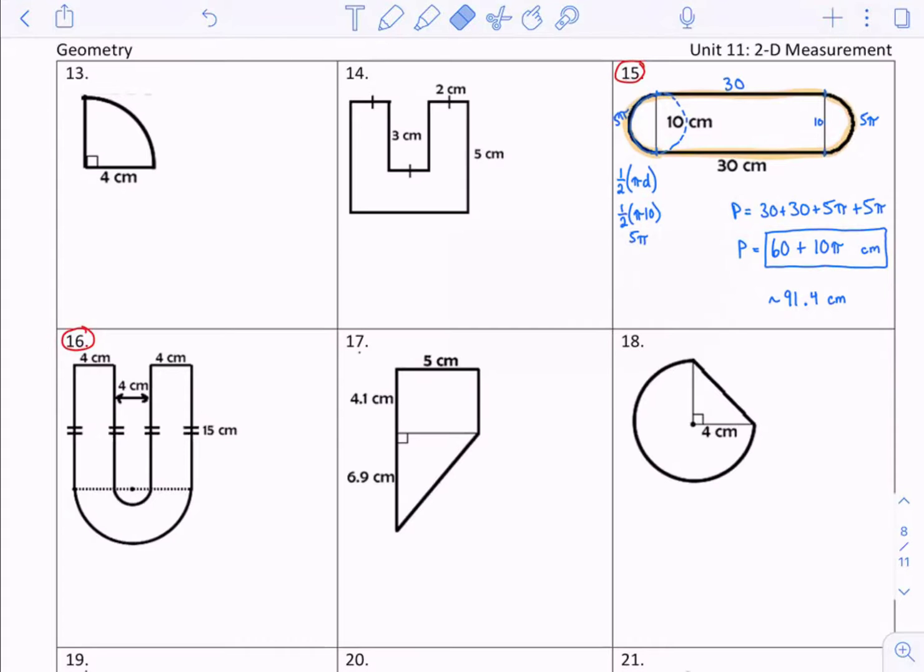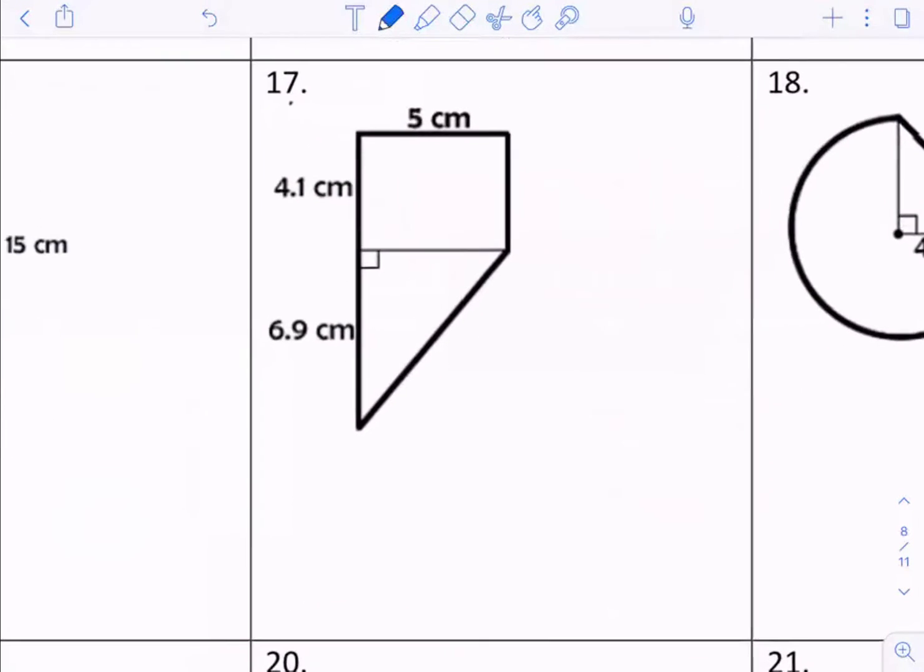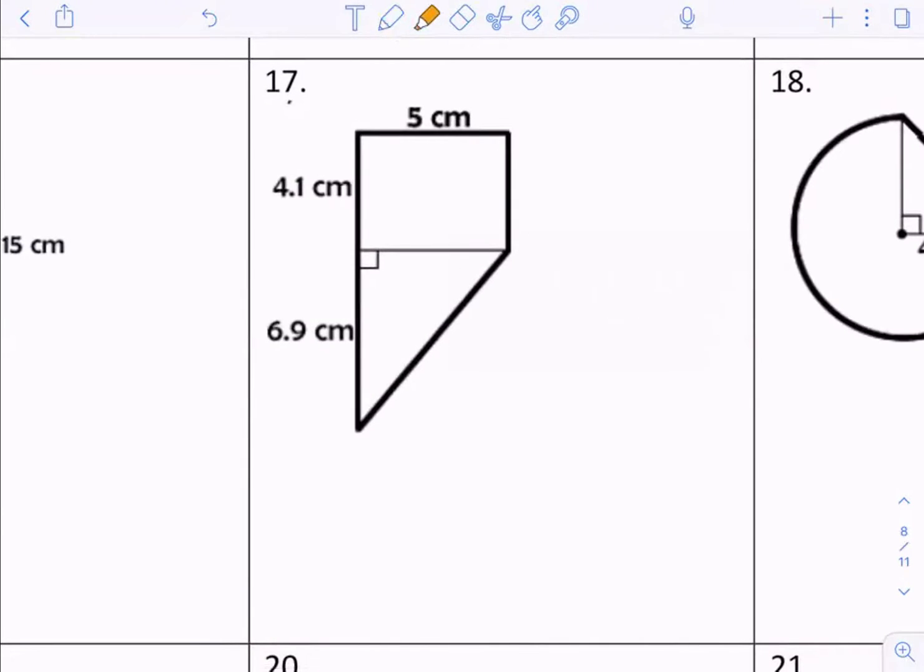17. I see a rectangle and a right triangle. You remember how to find the hypotenuse of a right triangle. So you can actually think of those as two different shapes for right now. Notice how I label everything I know, even though I highlighted the perimeter.